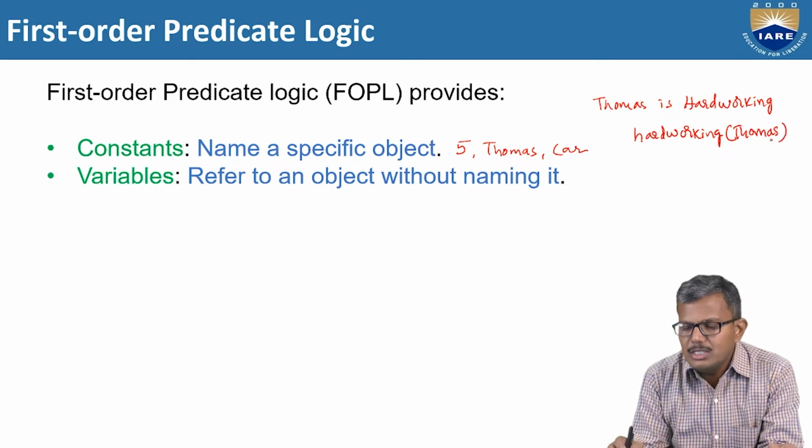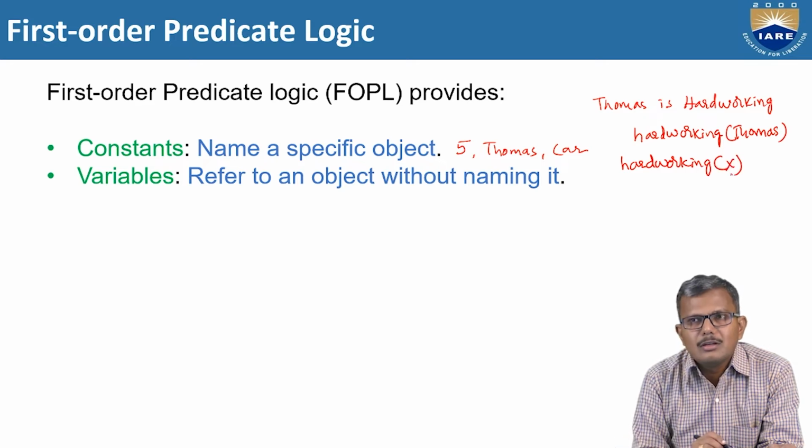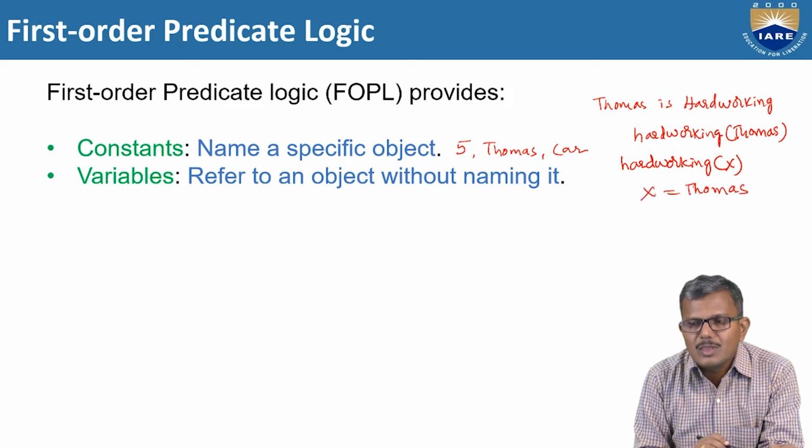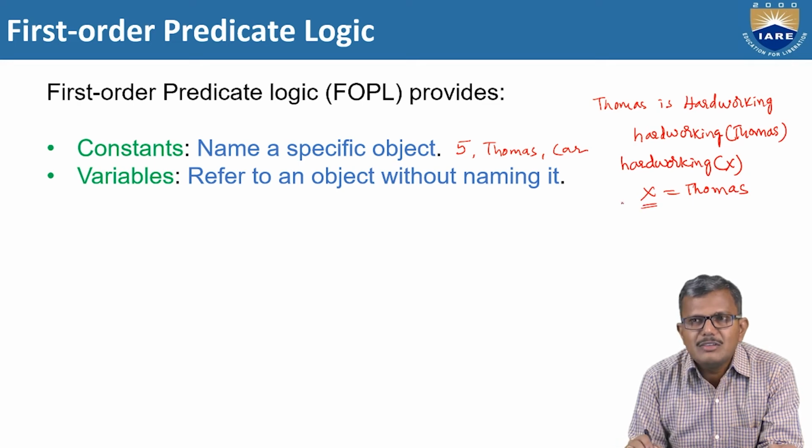In this case, instead of using Thomas, I am going to write hardworking X. So X is going to become Thomas. That means here X is a variable which is going to refer to this particular object without naming it. That is called a variable here.